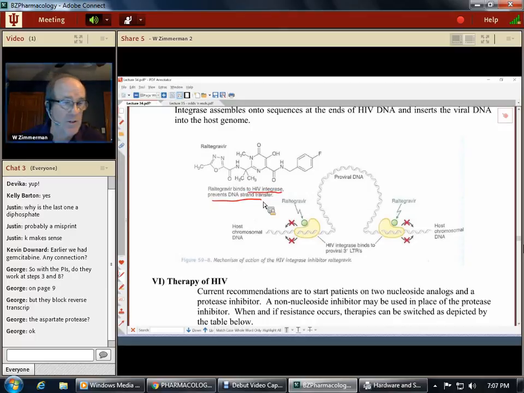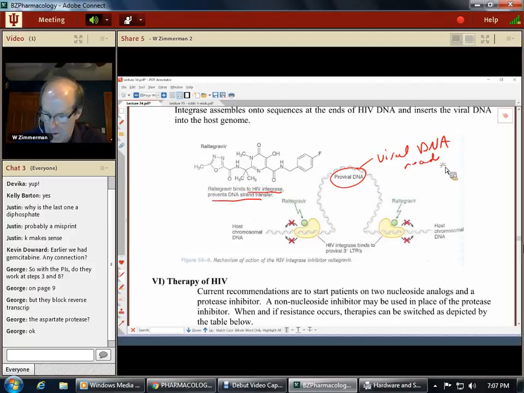So here's our proviral DNA, which all this means is it's modified DNA ready for insertion. And it's not going to happen if you inhibit the integrase.